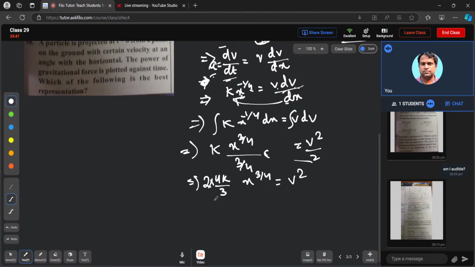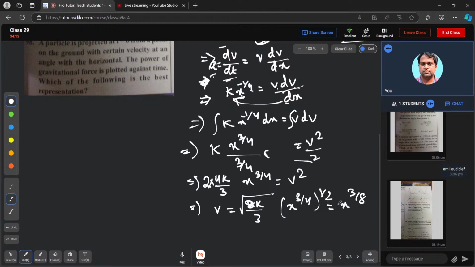Now what is v? v is under root of this, 8k by 3, and root over of x to the power 3 by 4. Root over means power half, so you can say x to the power 3 by 8, right?